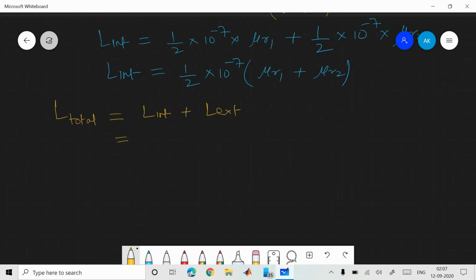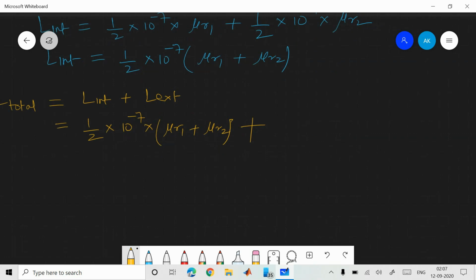So it is half 10 raised to power minus 7 into mu r1 plus mu r2, plus, this was your L internal, and L external is 4 into 10 raised to power minus 7 ln d by under root r1 r2.